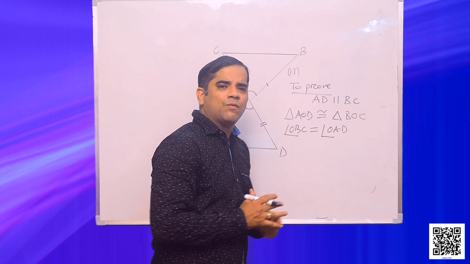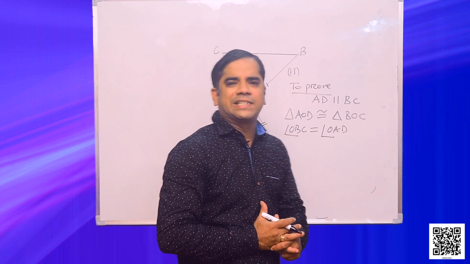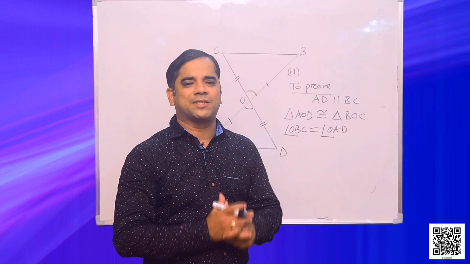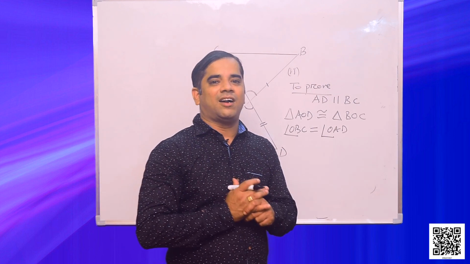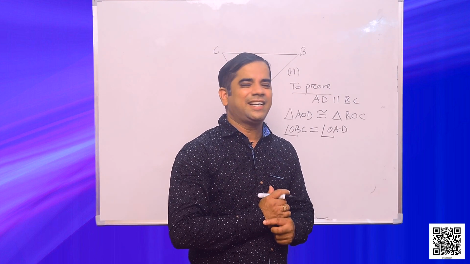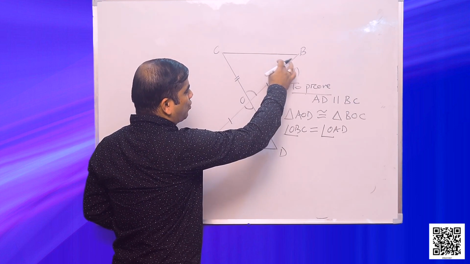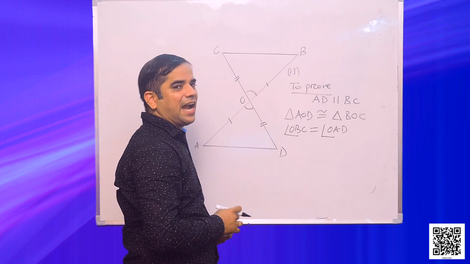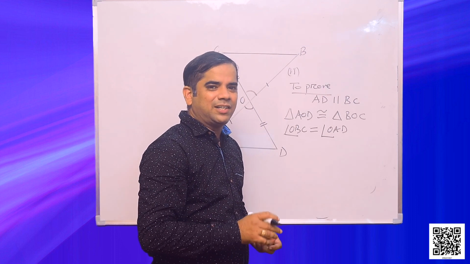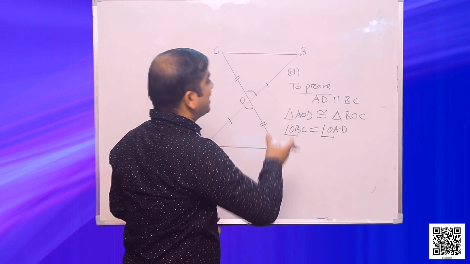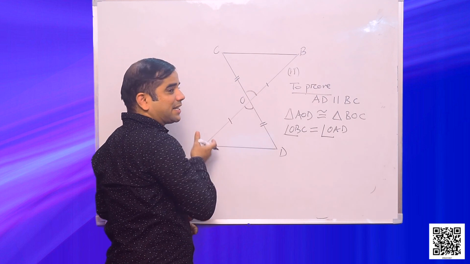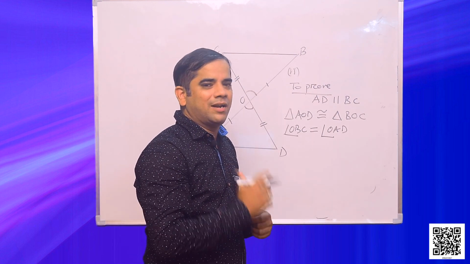And one thing we know from the concept of parallel lines and a transversal is interior alternate angles, isn't it? Whenever two interior alternate angles are equal, the lines intersected by the transversal have to be parallel.